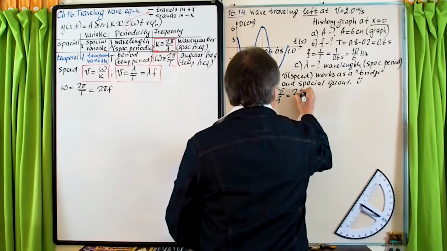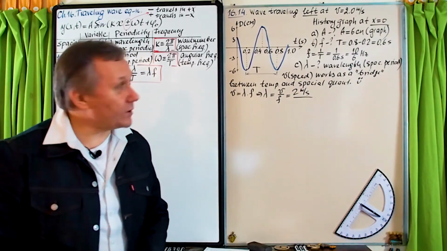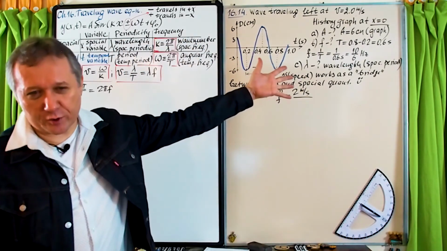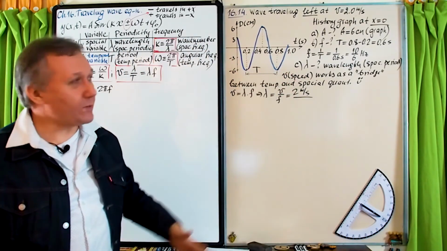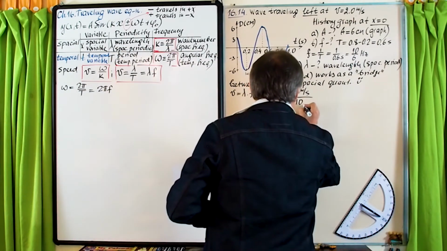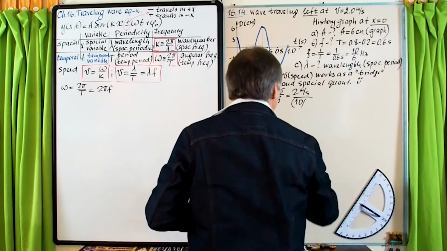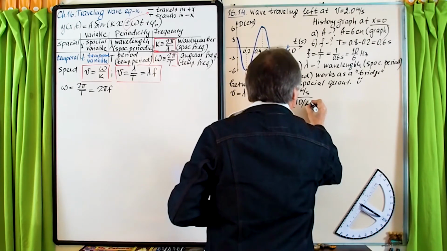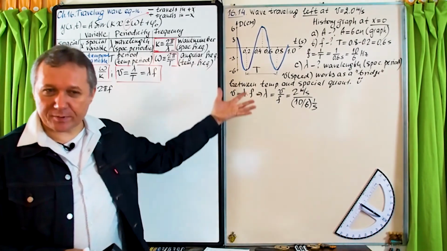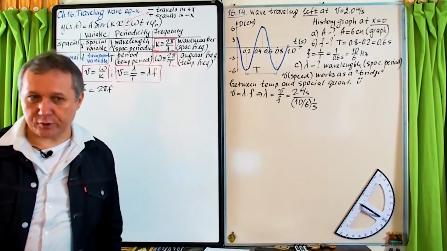V is 2 meters per second, divided by the frequency, 10 over 6. And that's why I didn't want to take a ratio, I just wanted to calculate that ratio. So 10 over 6, the 6 is in seconds, so it's 1 over seconds. So 6 goes upstairs. 6 times 2, 12, divided by 10, it will be 1.2.